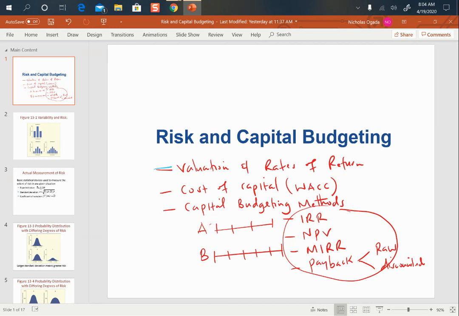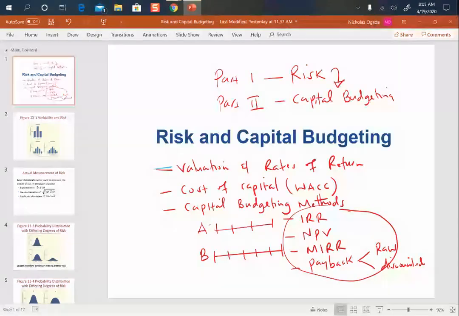I'm going to split this into two presentations. In part one, I'm going to focus on risk. And in part two, I'm going to look at the capital budgeting aspect, that is, how we use the risk element and incorporate it into capital budgeting.